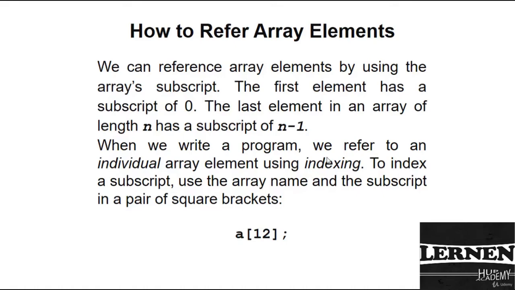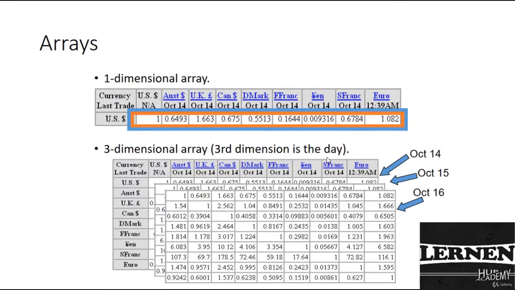As you can see here on the screen, like a, we have 12 indexes of the array. This is a simple declaration of an array. As you can see, we have three types of arrays: one-dimensional, two-dimensional, and three-dimensional.